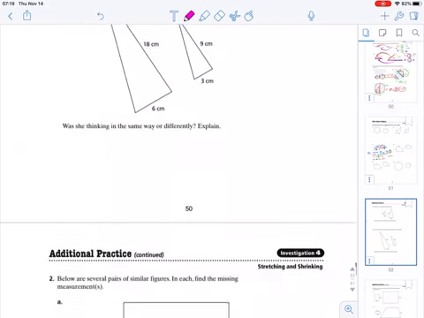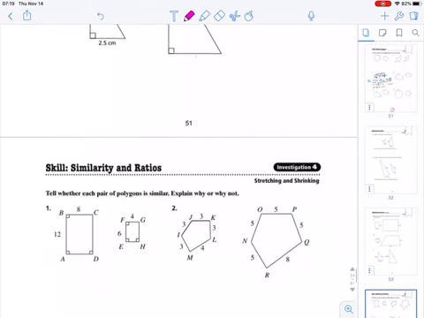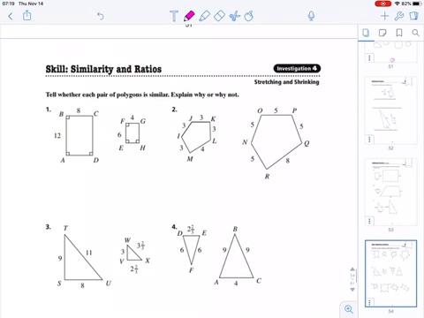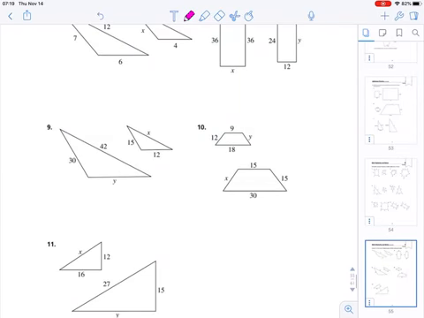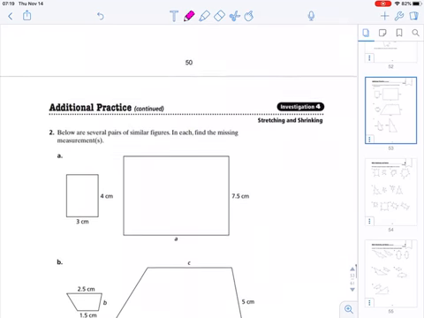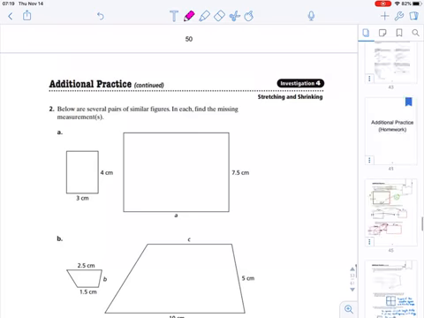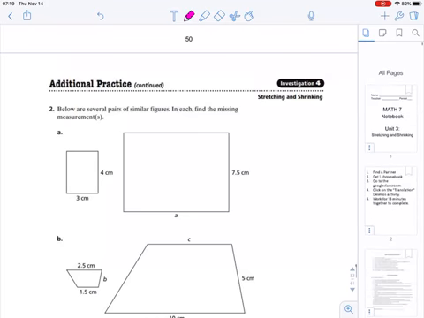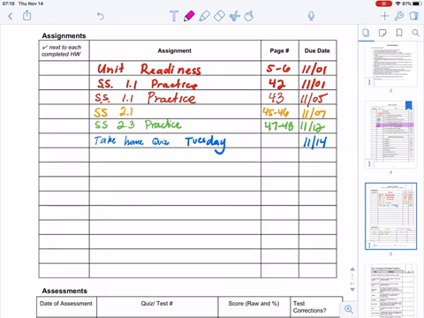We already did one together. Your homework is page 49 and 51.